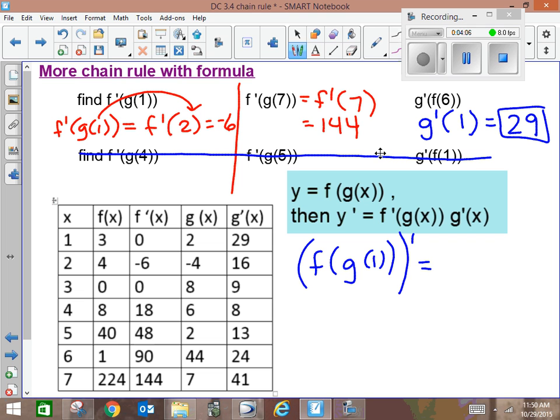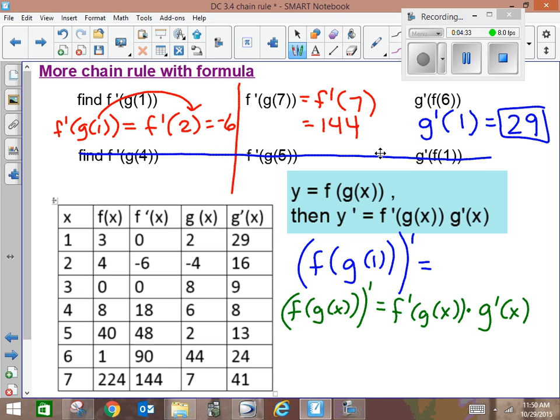Okay, so here's what you need to do. Some people will be really confused about putting that 1 in. Like myself, if I memorize a formula, I like to write the formula down. So here's your formula. The derivative of f of g of x is f prime of g of x times g prime of x, right?